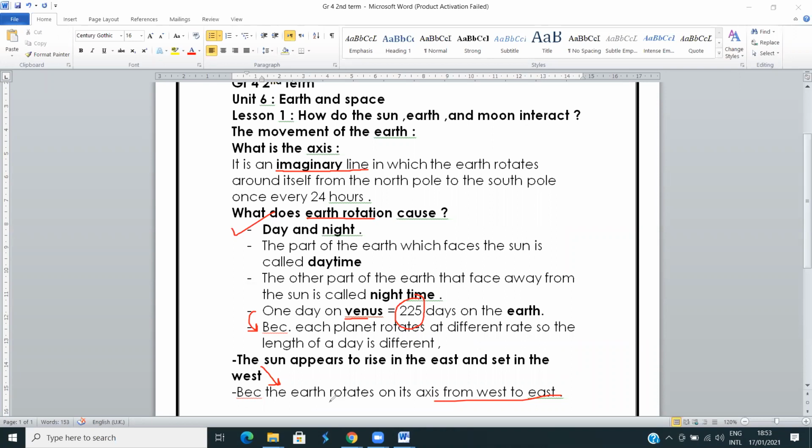Rotates means move, okay? Move on its axis from west to east. Do you know west? West is different from east. From west to east, not east to west. Thank you so much.